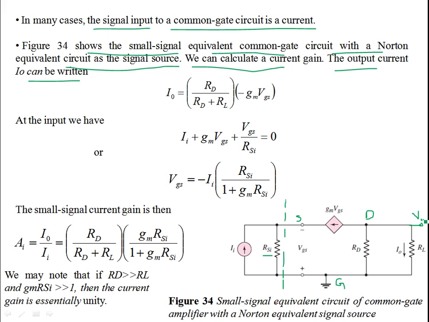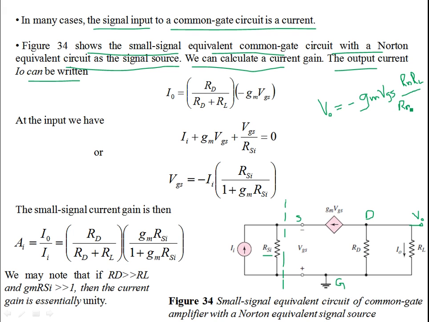The node voltage V naught is equal to minus GM VGS times the parallel combination of RD and RL. I can write this as RD into RL divided by RD plus RL.